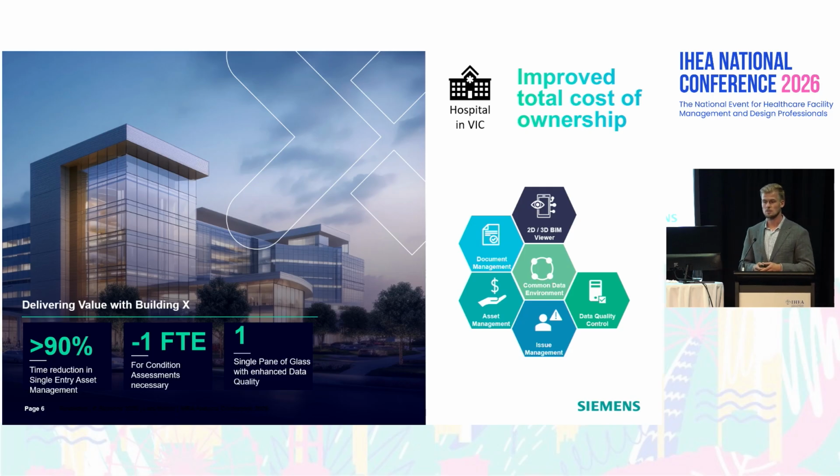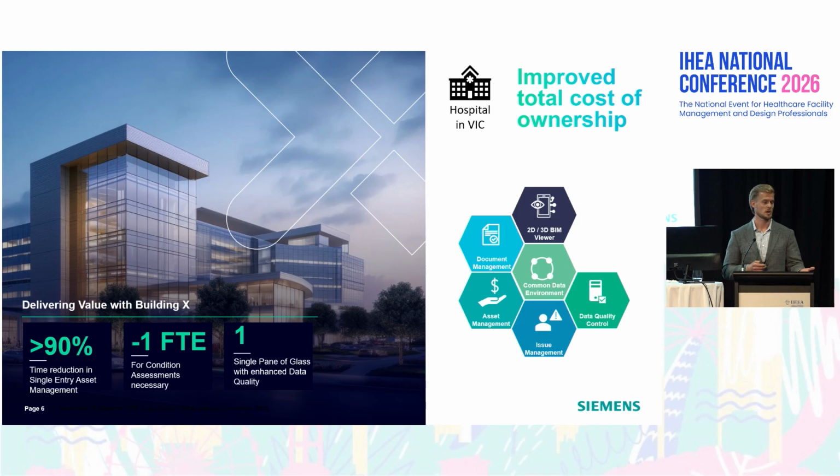One FTE. That doesn't mean that FTE was actually made redundant. That means the staff that is already under pressure will be even more so in the future. I've talked to a few of you yesterday, and everybody's saying the same thing: there's a staff shortage, right? That's the reality.